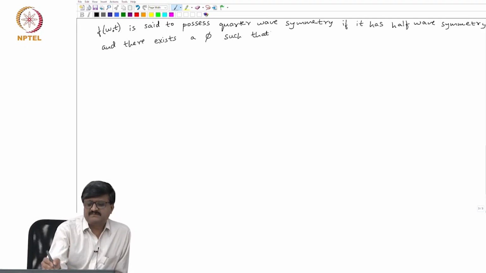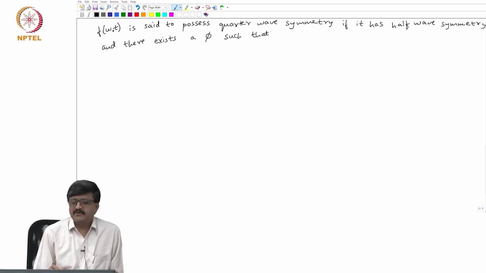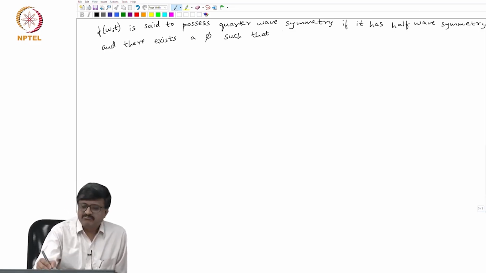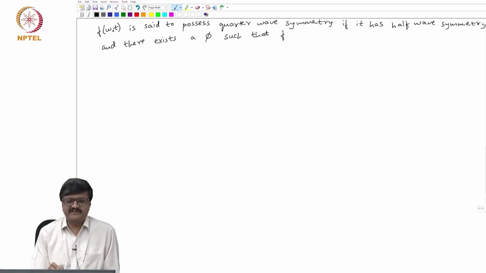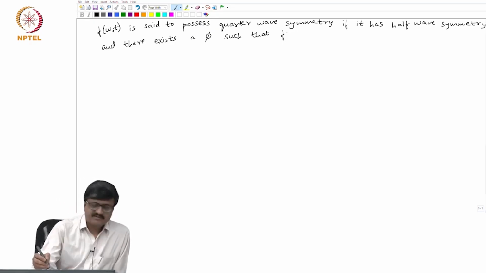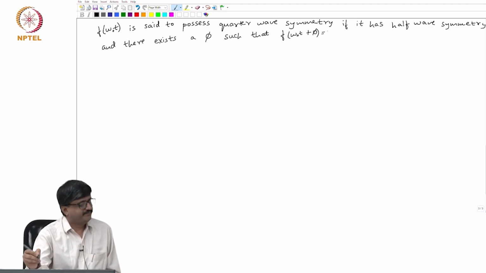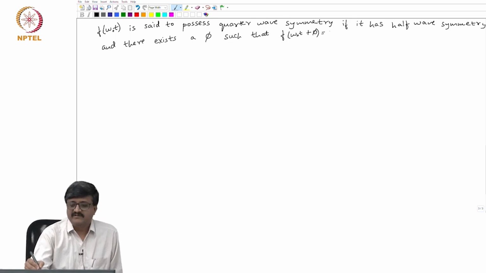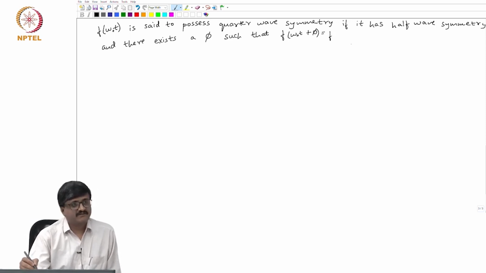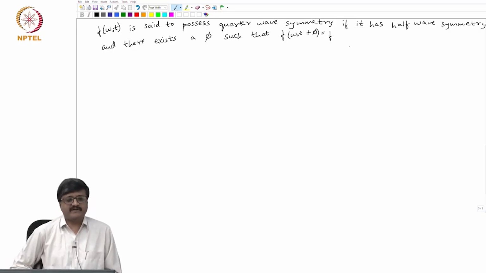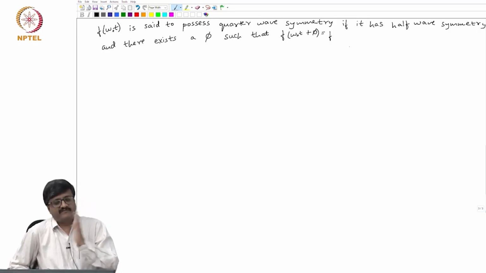What I am trying to do is give a definition which is very general for quarter wave symmetry. So, the definition is like this, such that f of omega o t plus phi is equal to what? What I am trying to do is shift the waveform of f of omega o t.